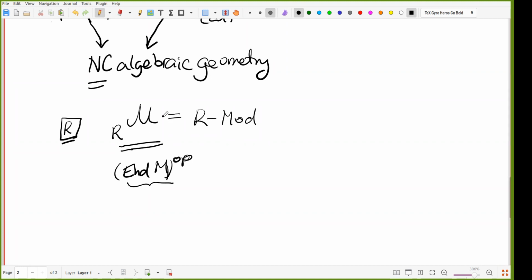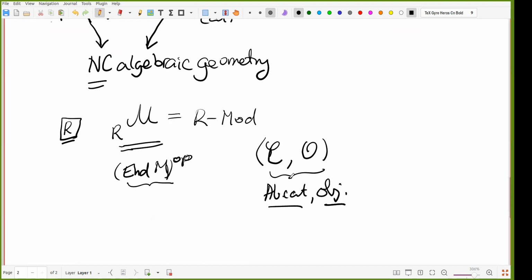So if I have some category C, and I have a distinguished object, this is like a structure sheaf. Then I have an abelian category, and I have a distinguished object there.